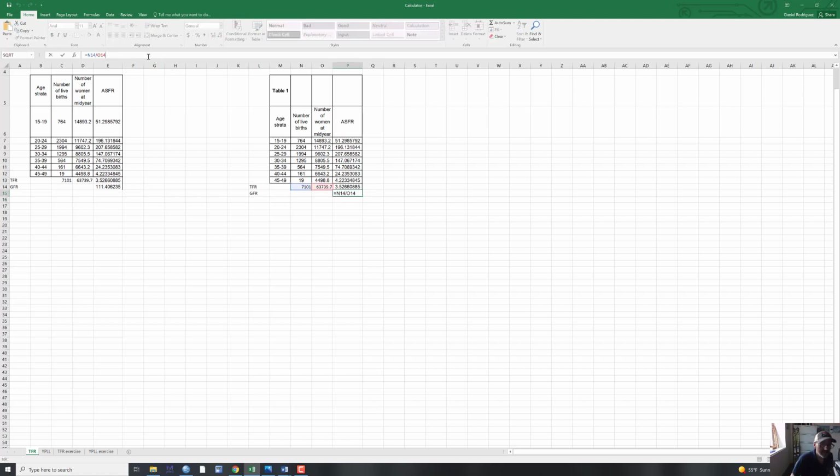So I always like to put this in parentheses just to make sure I don't have any problems anywhere. And times 1,000, and there we go. We got 111.406 per 1,000. They match. Okay, so that's the start to what we're doing here.